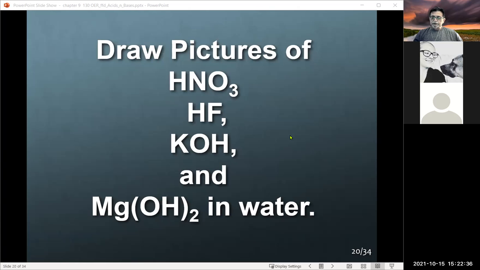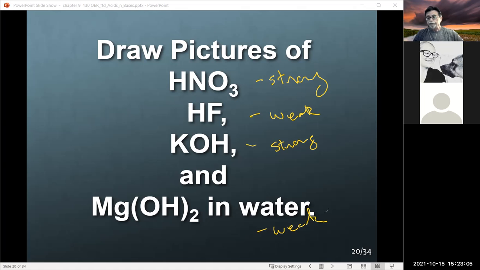You may be asked questions like this: draw pictures, diagrams of the following. Okay, well, how do I answer this? The first step is this: you first have to define whether it's strong or weak. So we know by definition that this is a strong acid, this is a weak acid, this is a strong base, and magnesium hydroxide is a weak base.